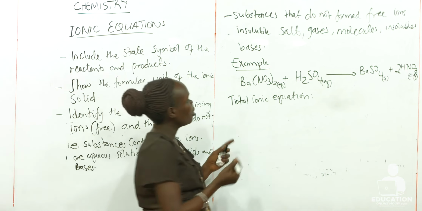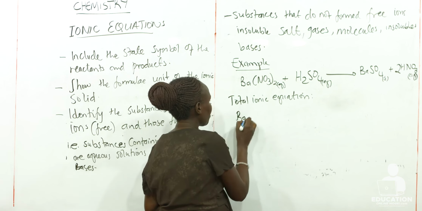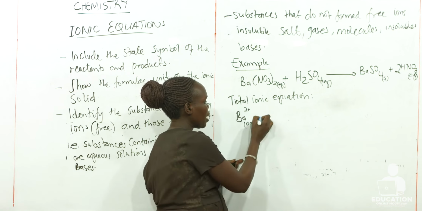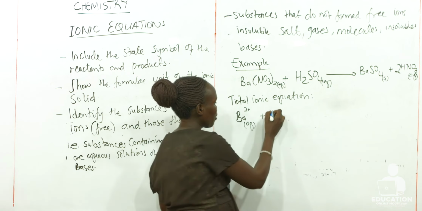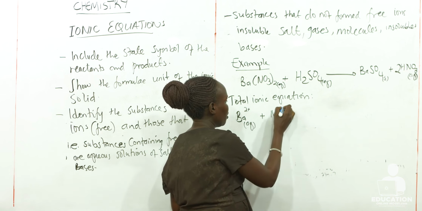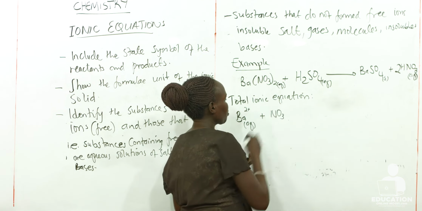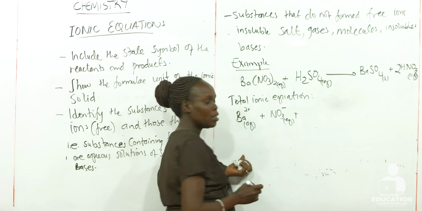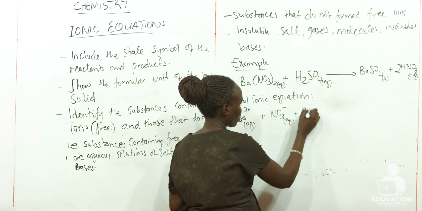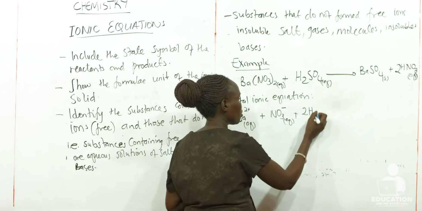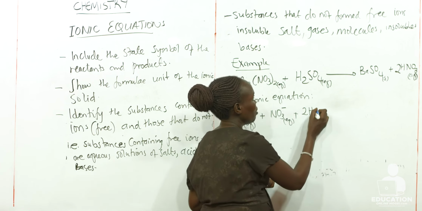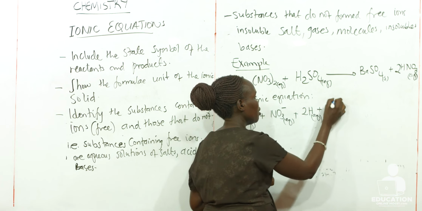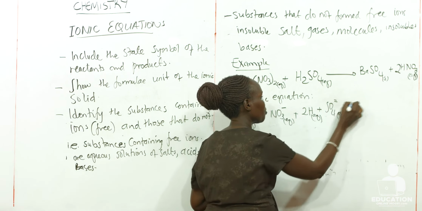So we shall have barium, which is positive 2, plus nitrate with a negative 1, which is also aqueous, plus hydrogen ions from the sulfuric acid, plus sulfate, which is also aqueous.